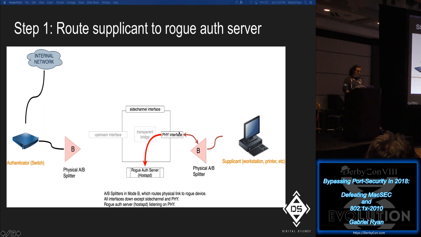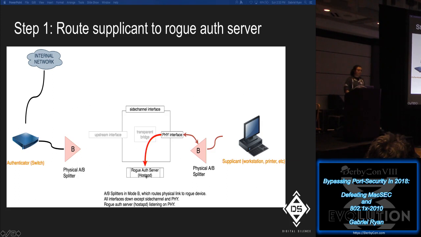So what happens here is that this will cause a supplicant to, well, actually, you need to trigger this, but we'll talk about how to do that in the next portion. If you trigger the supplicant to re-authenticate, it will authenticate with your rogue authentication server, which will allow you to capture credentials.